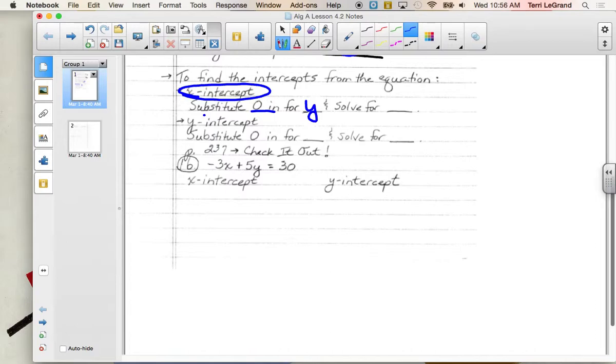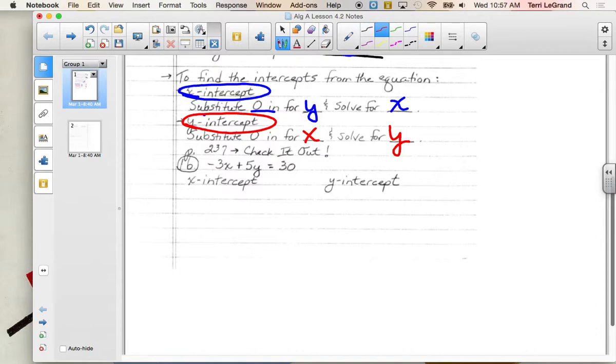And solve that for x, and you'll have your x-intercept. Now for the y-intercept, we're looking for y, so we're going to put 0 in for x and solve it for y.